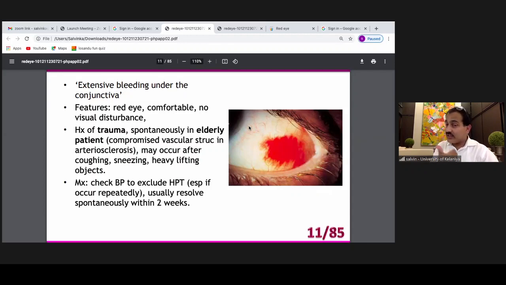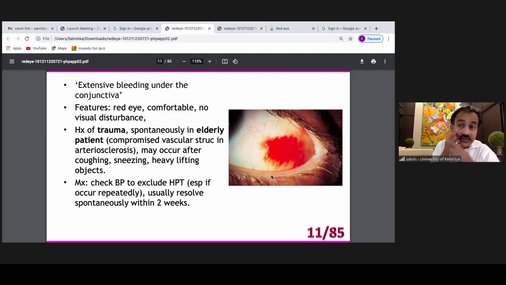If you get, for example, uveitis, or infection inside the eye known as endophthalmitis, or any foreign body on the cornea, then your redness will be more around the cornea. We call it perilimbal or circumcorneal injection, inflammation or redness. But not much on the lids.